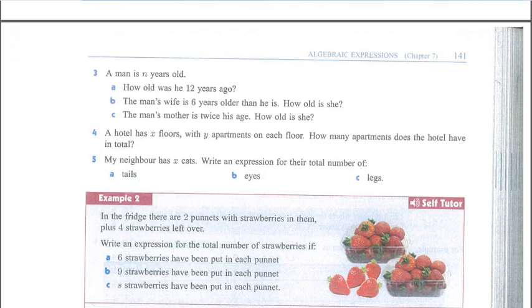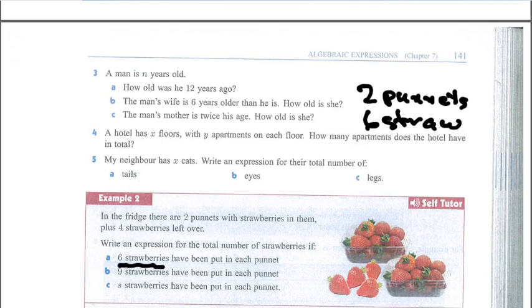So every one of them, there's still just going to be 2 punnets. So 2 punnets for each one, right? And how many strawberries are in the first section? So each punnet has 6 in it, right? And then there's some left over. What? 4. So that means 4 strawberries left over, right?